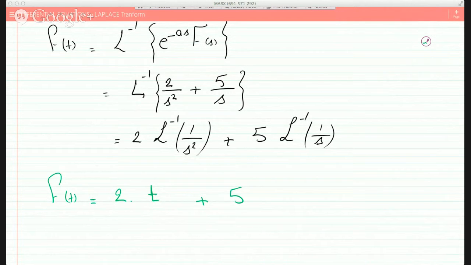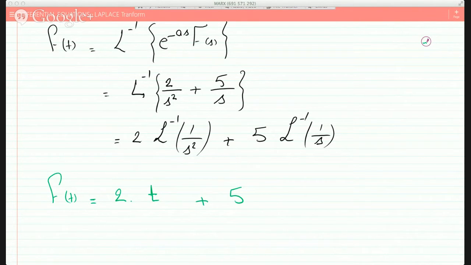So now I can put my shift back into the function. So this is 2, and instead of the t, I replace it with t minus 4. Can you see? t minus 4 plus 5. Okay? Which, if you simplify this, you will get f of t minus 4 is equal to 2t minus 8 plus 5, which is 2t minus 3.